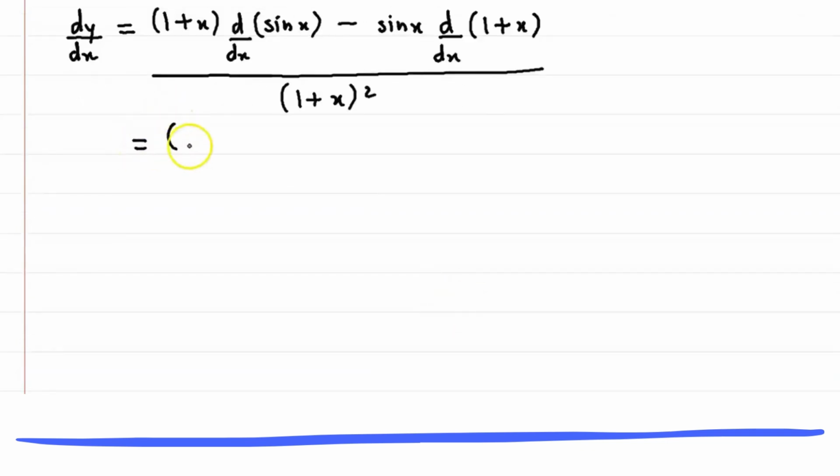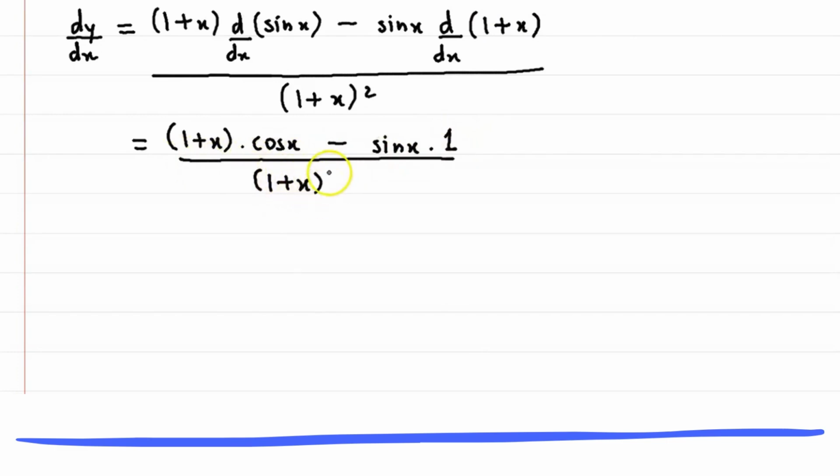Further, we get 1 plus x into derivative of sin x is cos x minus sin x into, now applying the addition rule, so we have derivative of 1, that is 0, and derivative of x is 1. So sin x into 1 divided by 1 plus x the whole square.